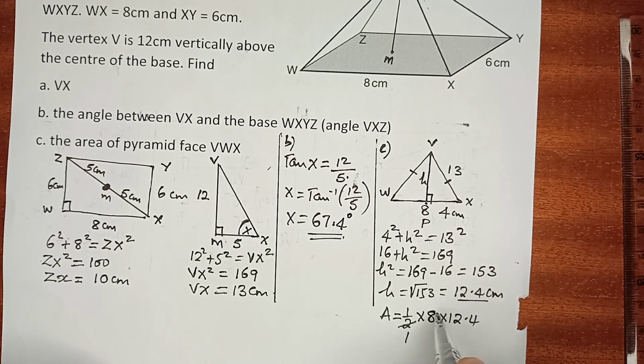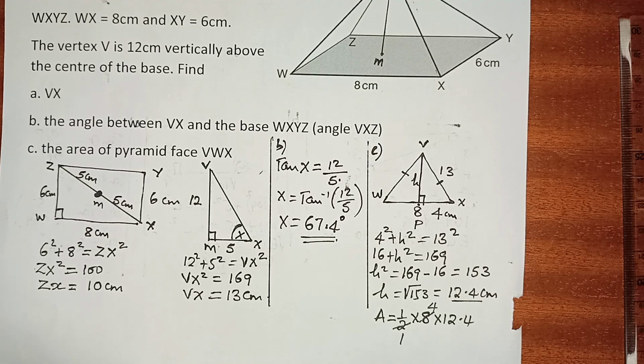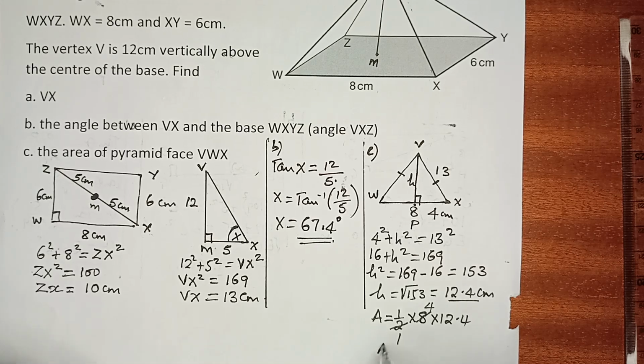So this is basically 12.4 times 4, which is around 49.5. And the area is calculated, the area is 49.5 to 3 significant figures, centimeters squared.